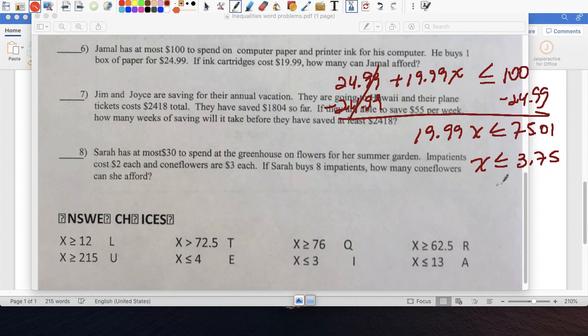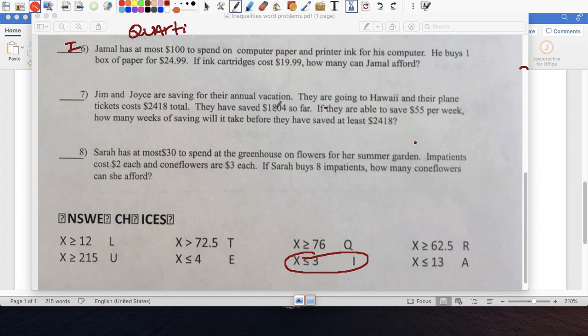Well, he can't buy 3.75 ink cartridges, right? So that makes sense that the most he can buy is 3 or less. Do we have a 3 or less? Yeah, we have that. So the sixth letter is an I. So far we have Q, A, R, T, I. Okay.